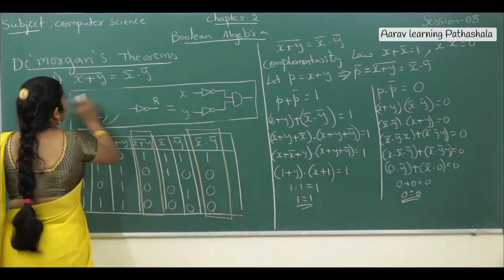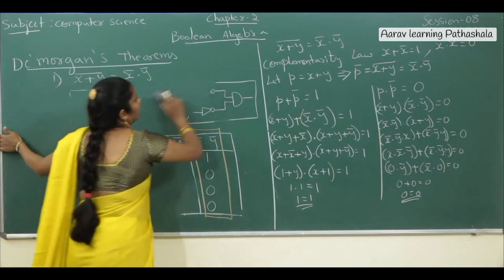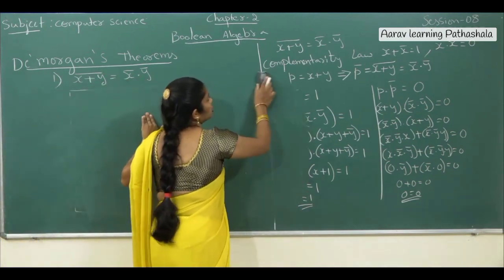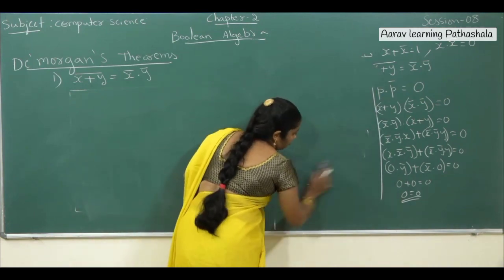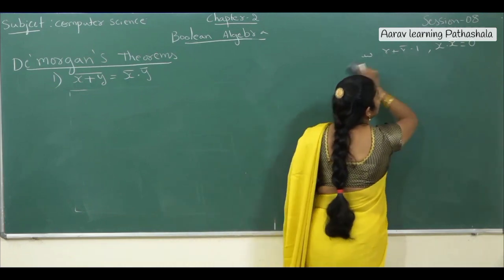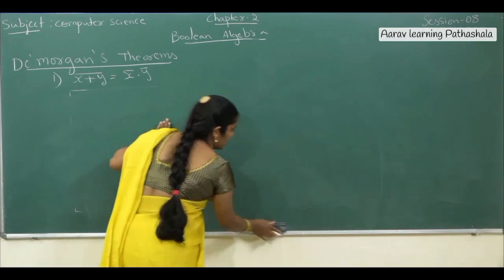Next I am going to explain the second De Morgan's theorem in the same pattern, that is by writing the circuit diagram, truth table, and then we will solve that by using the complementarity law. If the complementarity law proves it, De Morgan's theorem is also considered proved, because there we are applying the concept of De Morgan's.